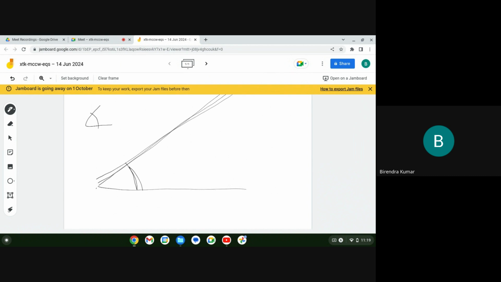Now, since the second side is known, you have been given the length of the side, make sure that this is that length. Just mark it where it makes that length. Then you join these 2 points. This becomes your triangle, let's say ABC. BC was your base, this was the angle given, and this is the second side given.